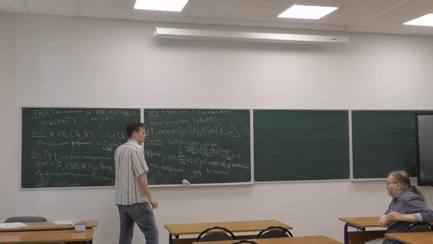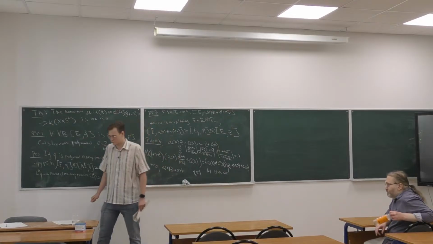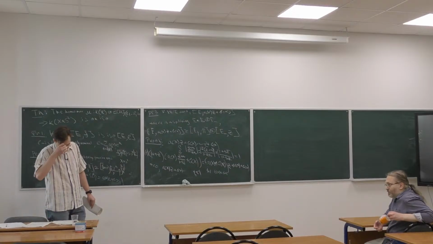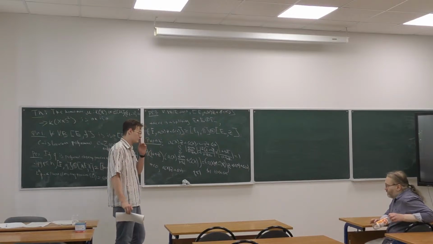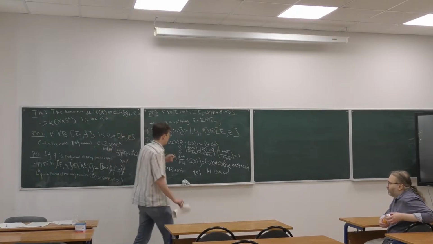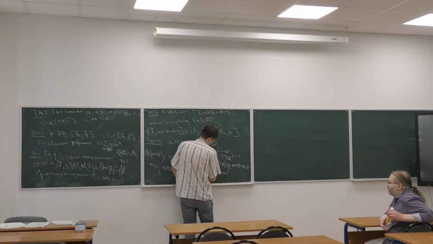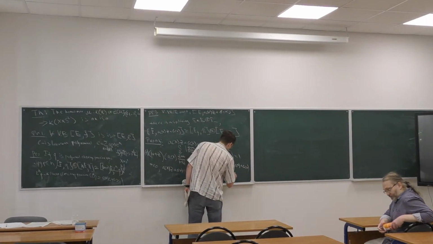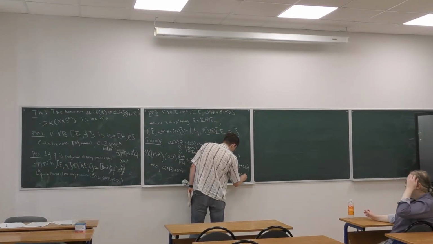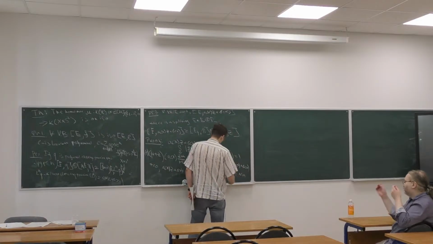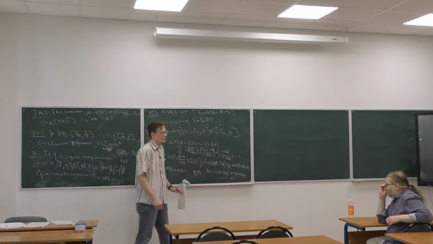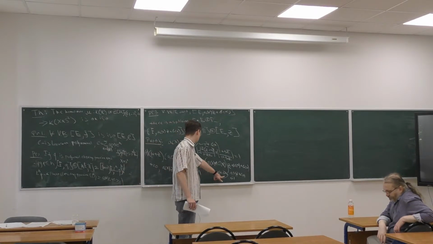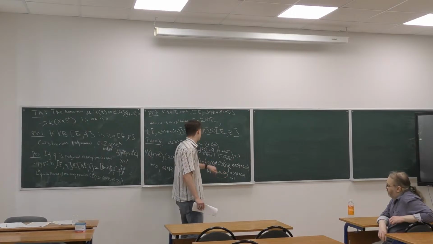For example, the map x goes to ax is a homomorphism from R to R, and as a goes to 0, the map goes to 0, which is not an automorphism. It is a restriction of a(x)z plus b(x) when z equals 1, and this expression is an automorphism.